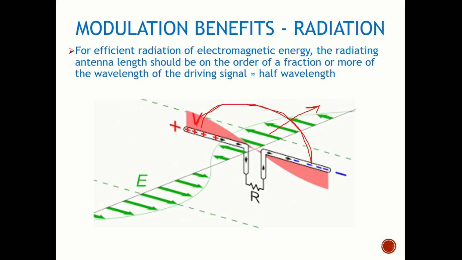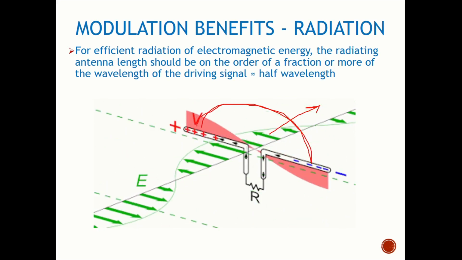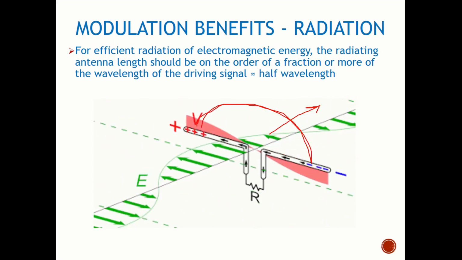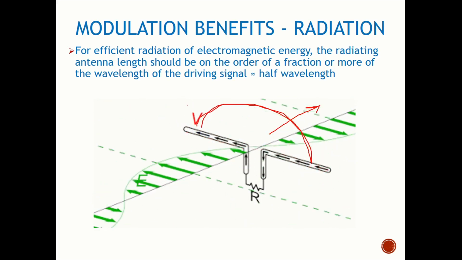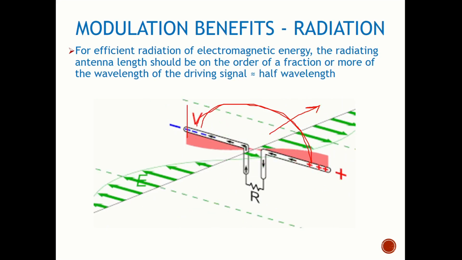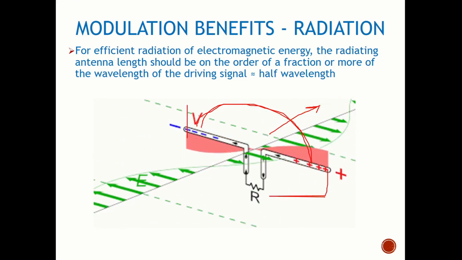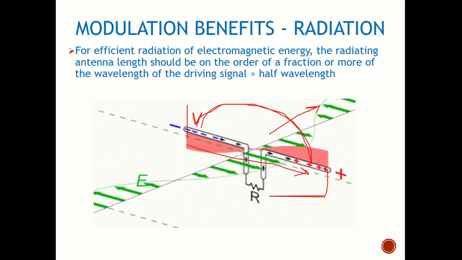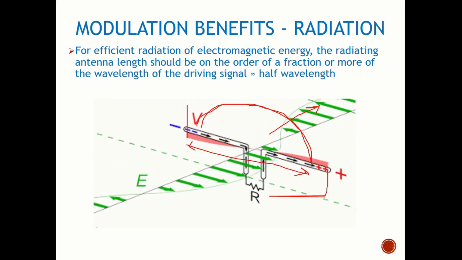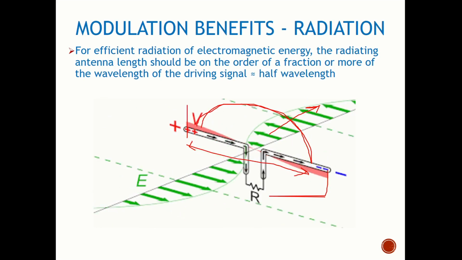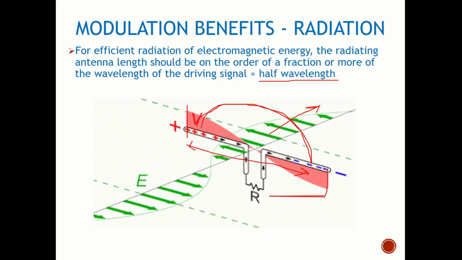Now, as you can see, for maximum transmission, when this part is maximum, this part is negative minimum. So the distance between these two is exactly equal to half of lambda. So the size of the antenna should be half of the wavelength.